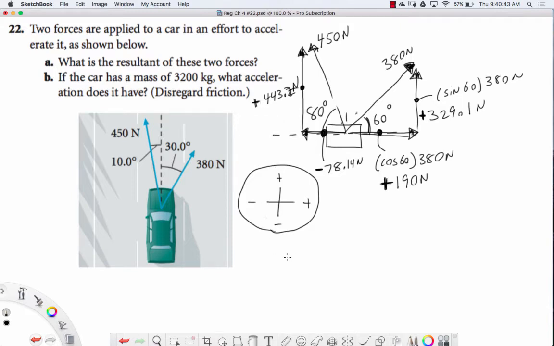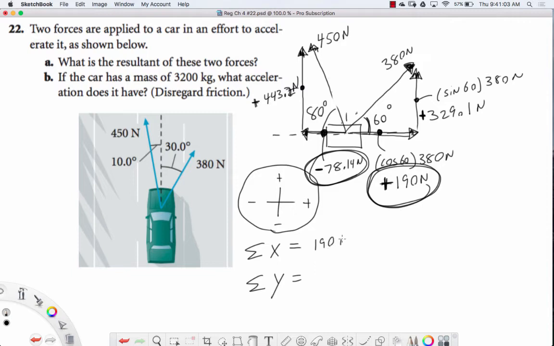So the next step when you're doing vector addition is you got to sum up your x vectors and sum up your y vectors. So how many x vectors do we have here? 1 and 2. There are 2 x vectors. So you add them up, you're going to go 190 minus the 78.14. So your total x comes out as positive 111.86.